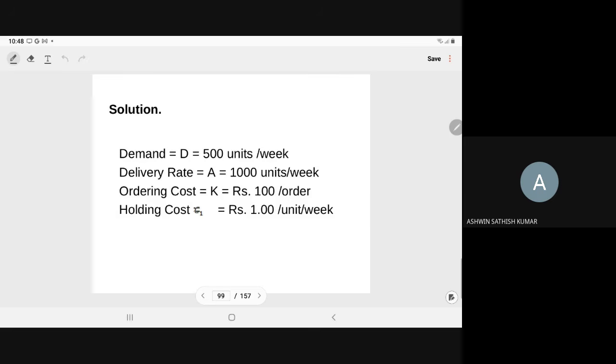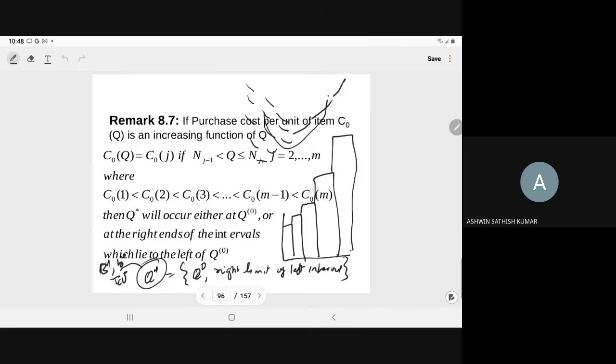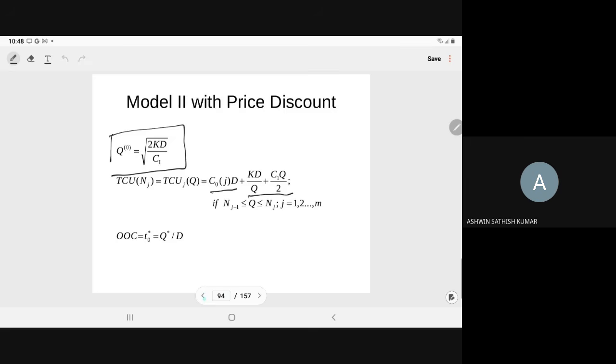So this question belongs to model 5. In model 5, it is model first plus price discount. For the model first, we have seen the formula.